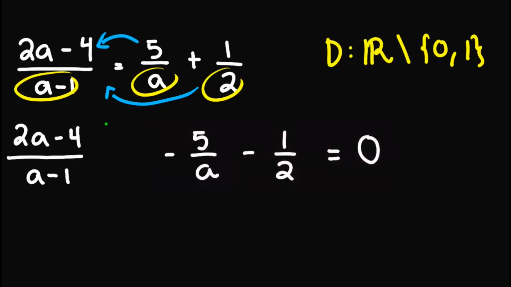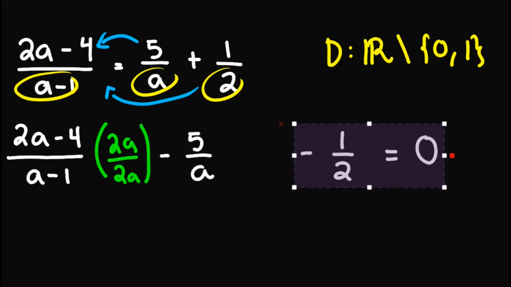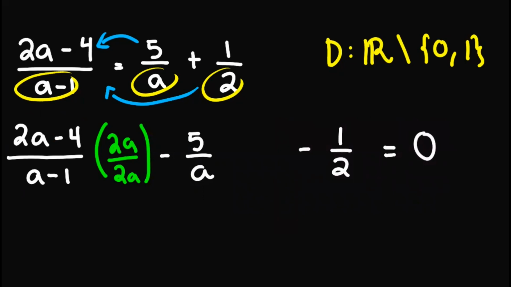We'll multiply 2a over 2a out here. For this next one, we don't have a minus 1 and 2, so we multiply 2 and a minus 1, or simply 2a minus 2.